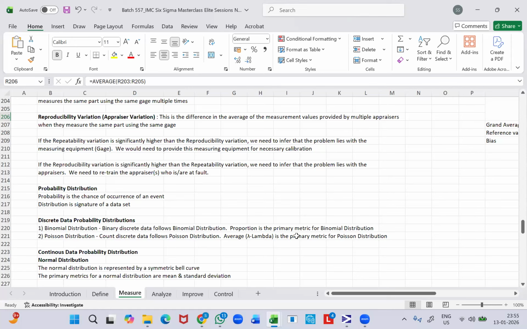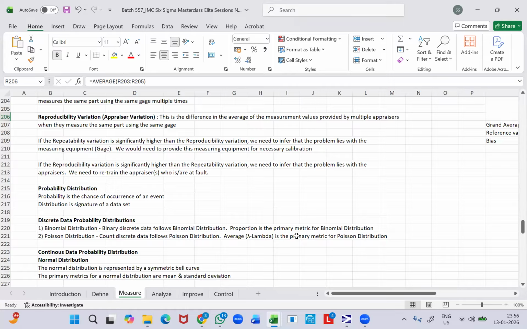We all know binary discrete data can be better represented by this metric called proportion, which is a derived value. Similarly, when we talk about Poisson distribution, count discrete data would follow Poisson distribution. So if you have a data set containing the number of units processed, or the number of defects, this will be a count discrete data set, and it would always follow Poisson distribution.